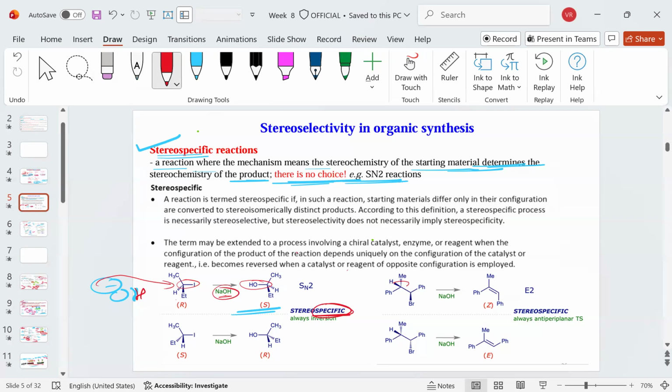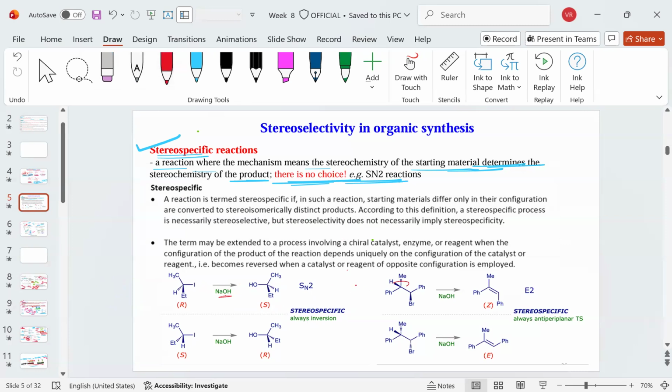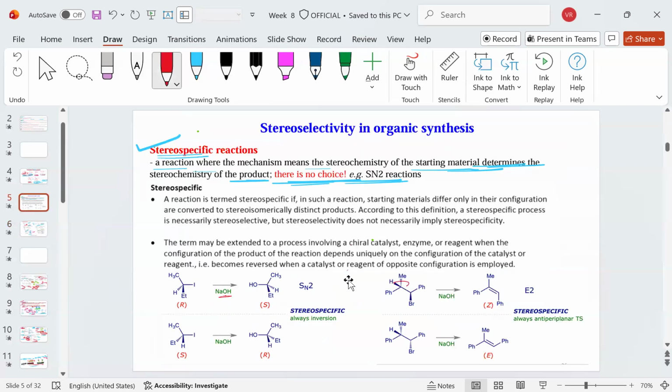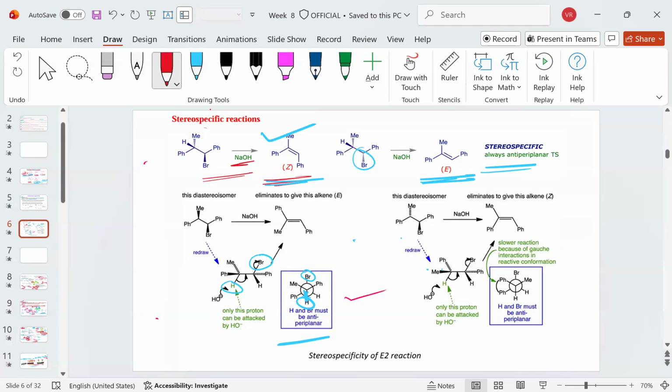Another similar example of stereospecific reactions is the E2 elimination reaction. E2 means the involvement of two species, both the starting material and the reagent, so it is bimolecular, therefore we call it E2.